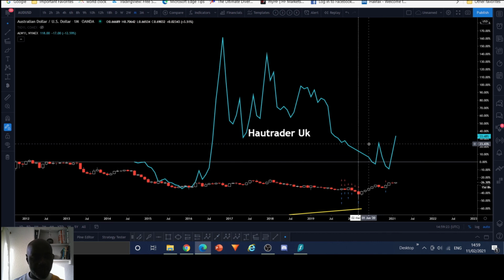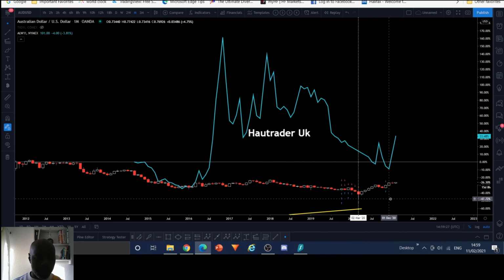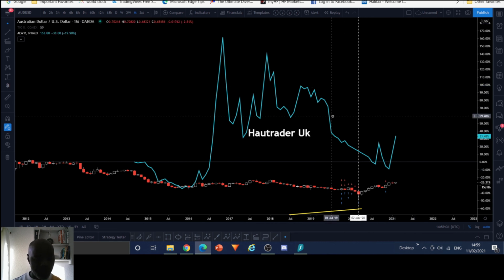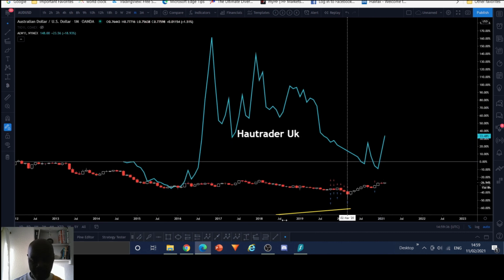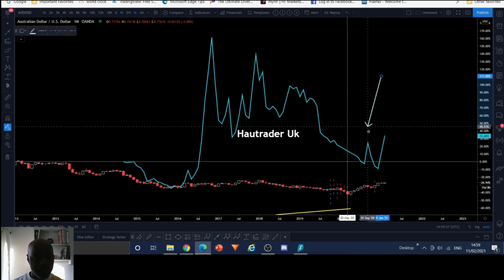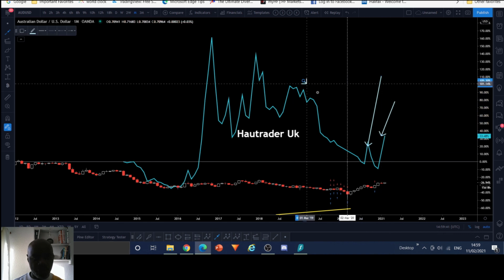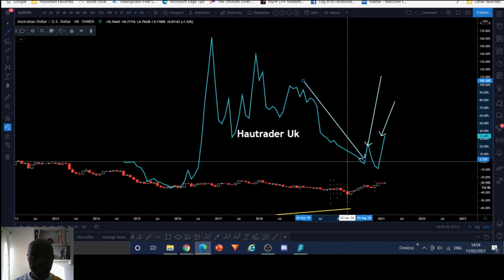It's taken out this high here. Does that mean higher prices? This could actually just be a correction in this downtrend. This little section here and here could just be a correction in this downtrend in coal.